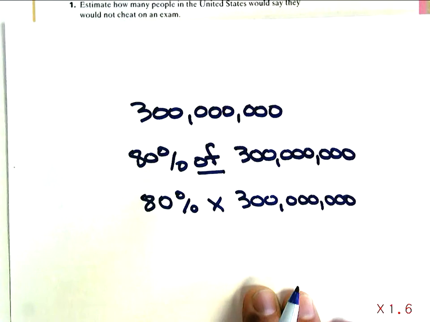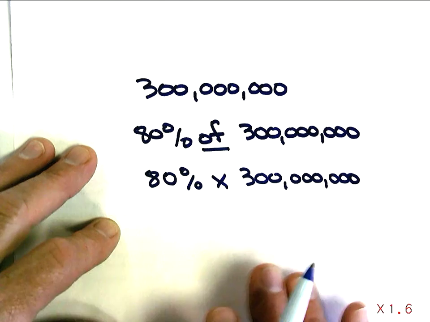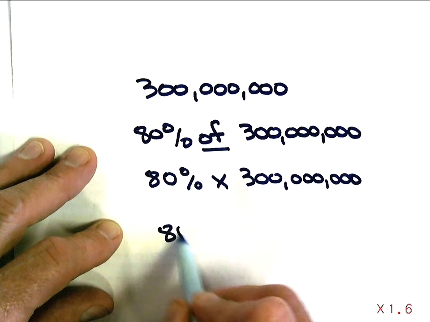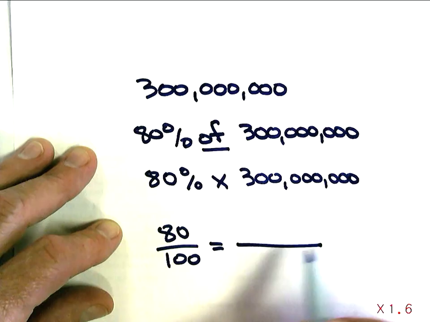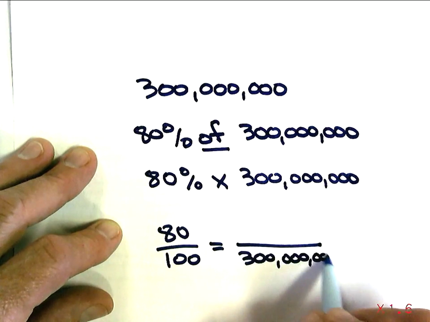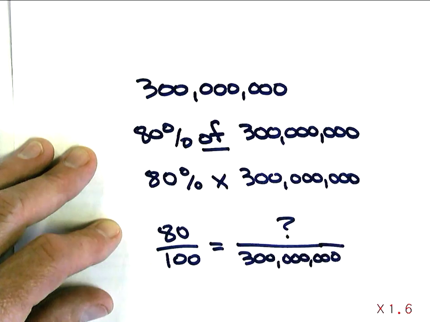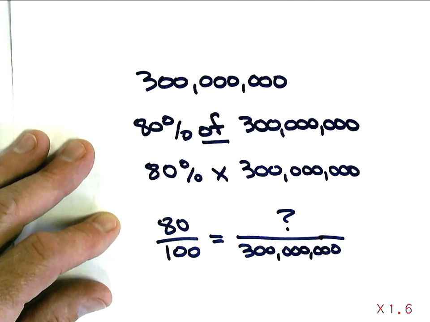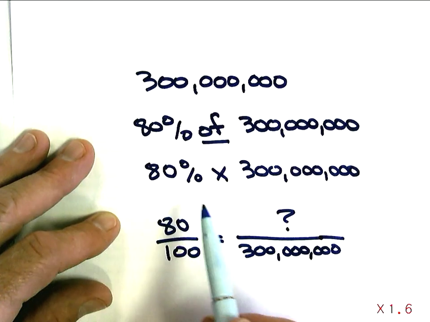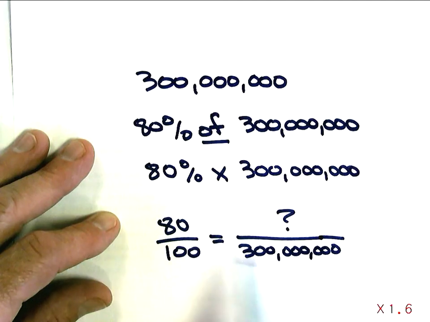Or if you really want to see where that comes from, I'm going to write it this way. 80 out of 100 equals how many out of 300 million? So this is the part. It's called a ratio proportion problem. And so what we're really going to do is take that 80% times, it's called cross multiplying, times 300 million divided by 100.